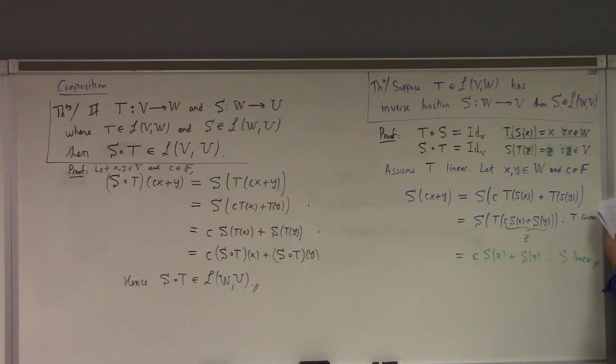If L goes from V to W is linear, and U, a subset of W, is linearly independent, then L inverse of U is linearly independent, in V, of course.